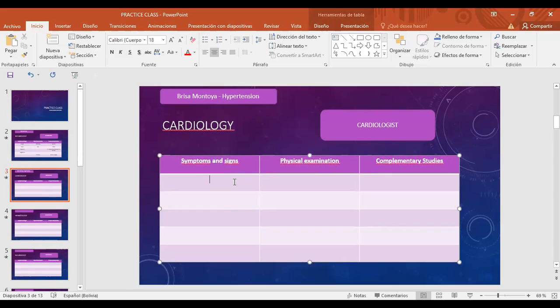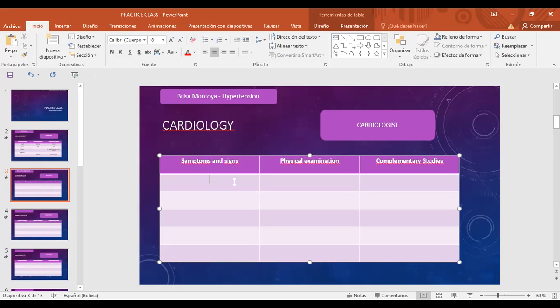Do you know any symptoms or signs that would be related to hypertension? Just give me loose words, like the symptoms or signs that a person with hypertension might have. They will feel tired. They cannot walk a long distance.